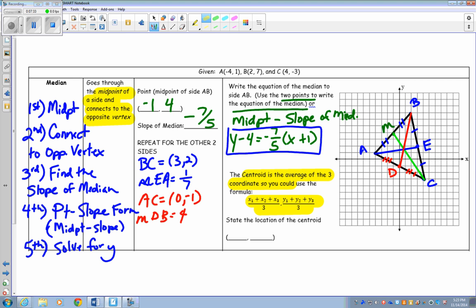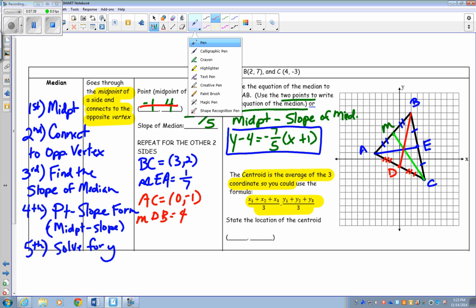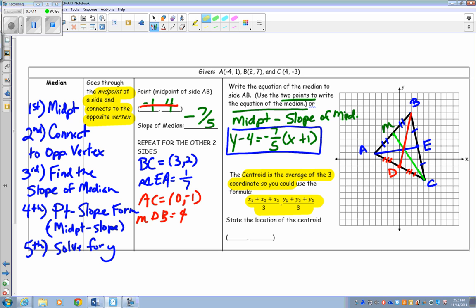Since I have the midpoints listed here, we have the midpoint for AB, the midpoint for BC, and the midpoint for AC.